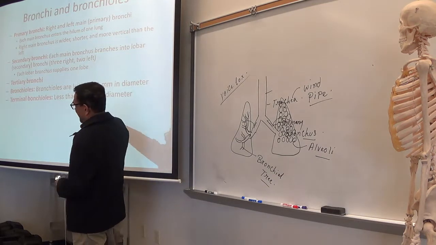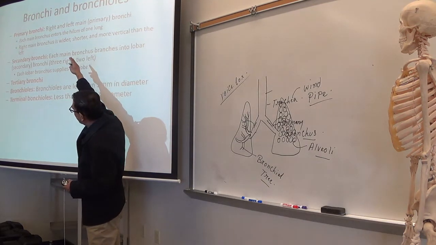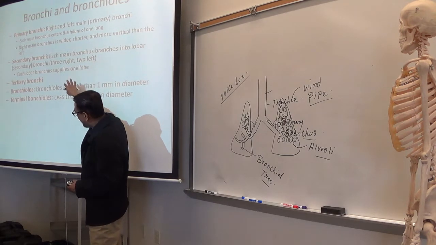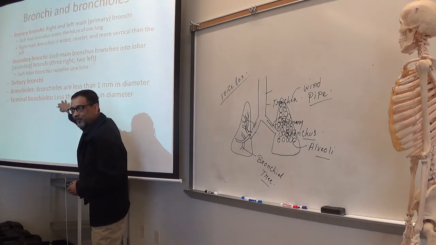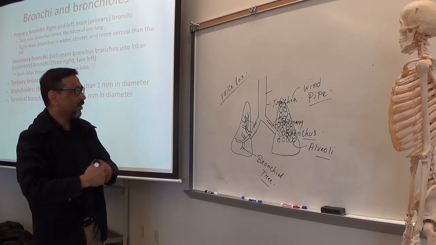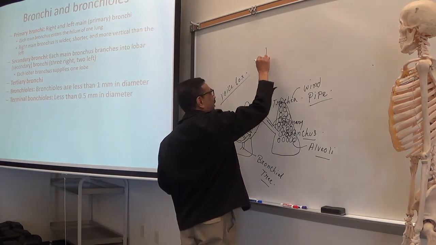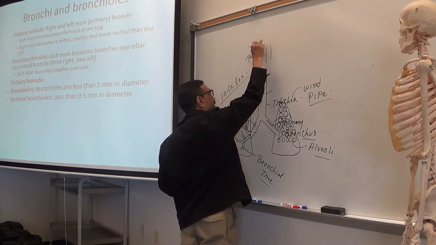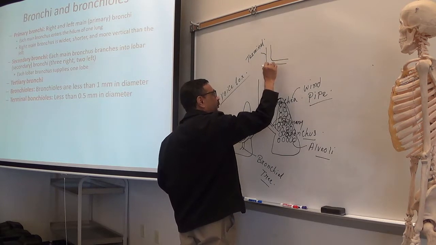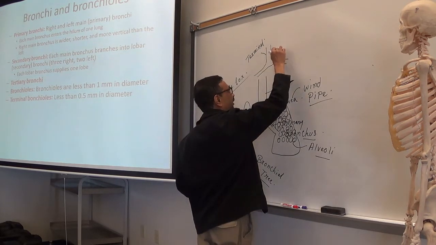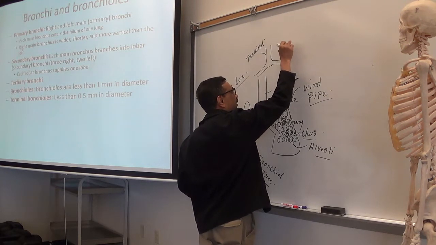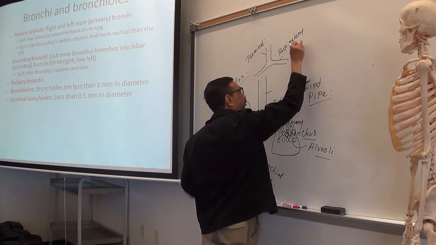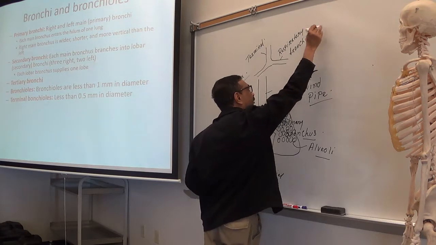But this is not the end. Okay? So primary bronchi enter into the lung, and then secondary bronchi, then tertiary bronchi, then bronchioles, then terminal bronchioles, right? Then from the terminal bronchiole, we get further branches, respiratory bronchiole, okay?